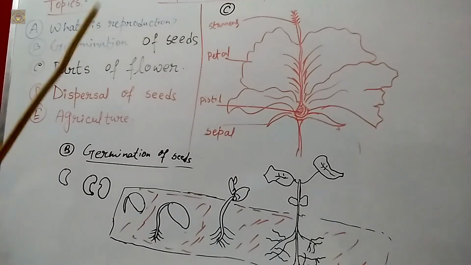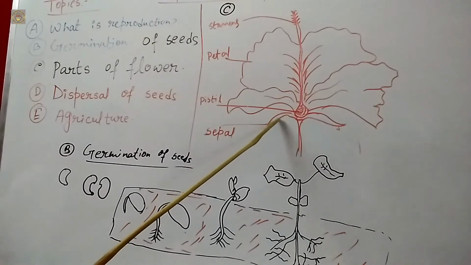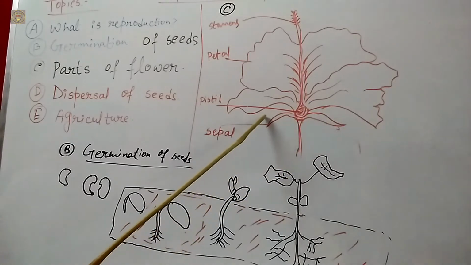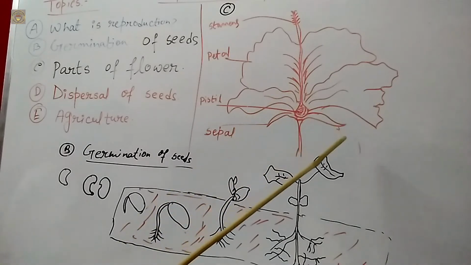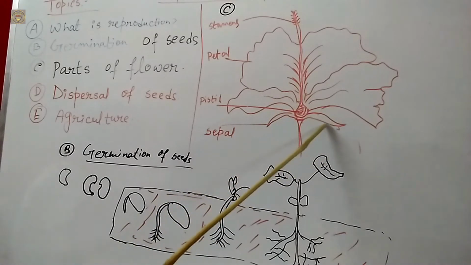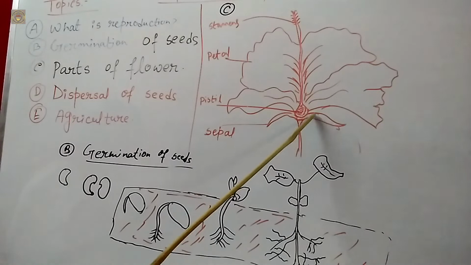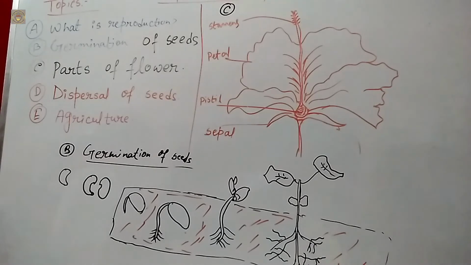First, sepal. This part is called sepals. This is green in color, but I don't have any green pen, so that's why I can't draw with it. Before a flower blooms, it is a green bud. The sepals are leaf-like structures that protect the flower inside.